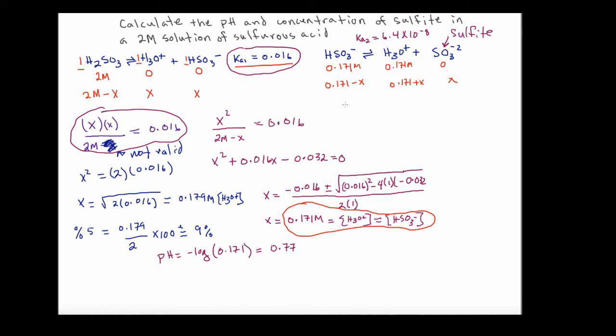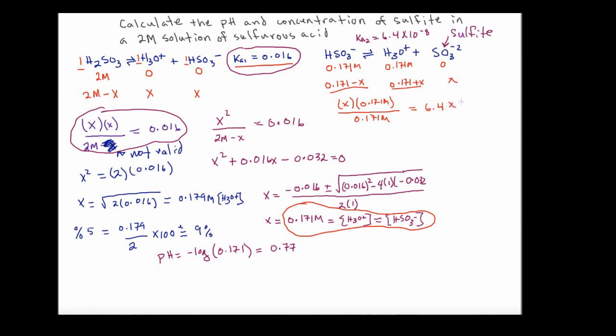So when we set up our equilibrium expression, it's going to be X. Now I'm going to go ahead and neglect my X's in the sum. So for this, it's going to be 0.171 molar divided by this, so it'll be 0.171 molar. And we see there's a lesson here that I've talked about in previous videos.